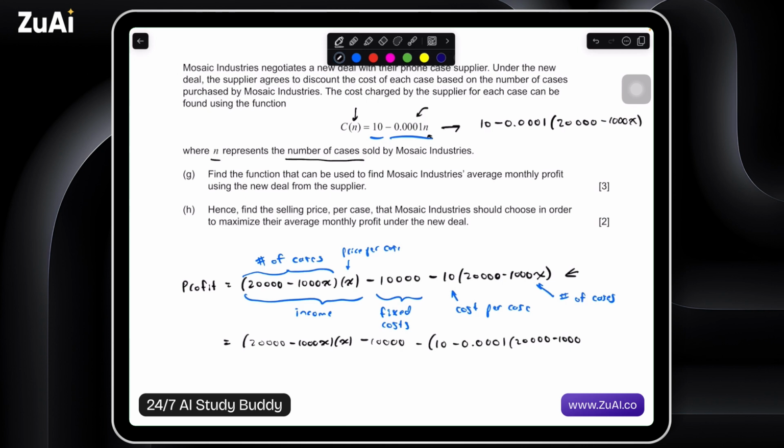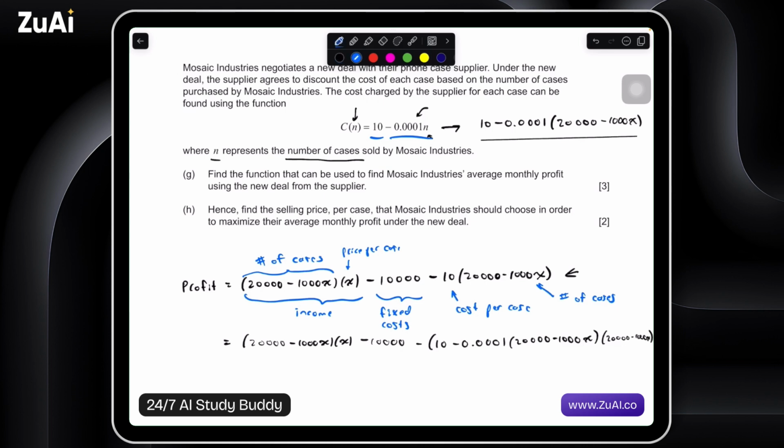That's the cost per case. $10 minus, this is the cost per case. The cost per case is $10 minus 0.001 times 20,000 minus 1,000x. And this is the number of cases. So really running out of space here. Okay.